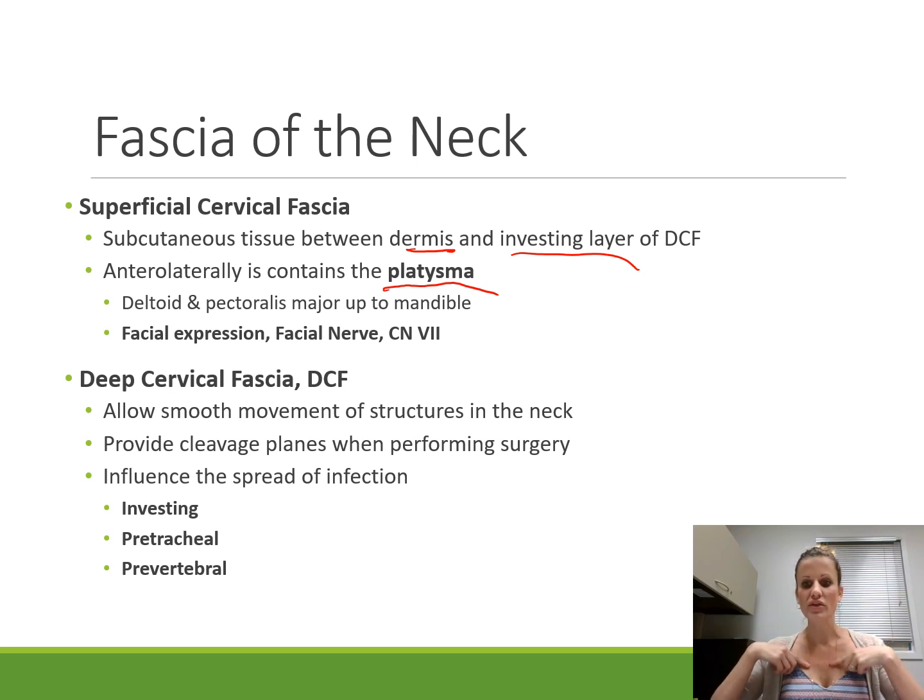It extends over the clavicles and connects up to the mandible, right, the inferior border of the mandible. The platysma is involved in facial expression, specifically kind of bad facial expressions, like pulling the corners of the lips down when you're frowning or kind of disgusted. The platysma is innervated by the facial nerve, which you guys remember is cranial nerve 7.